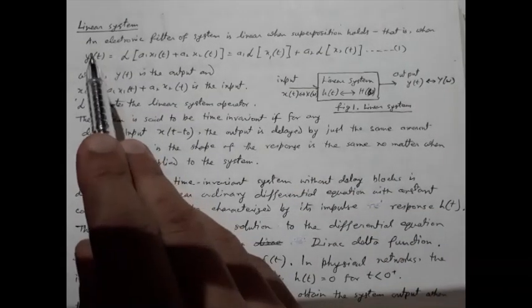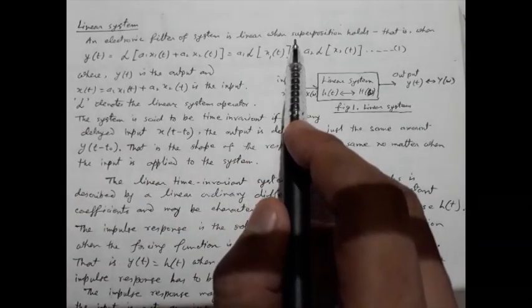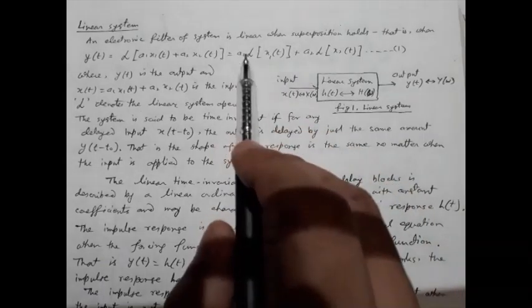Now consider a linear system. If the superposition theorem holds for a system, we call it a linear system.